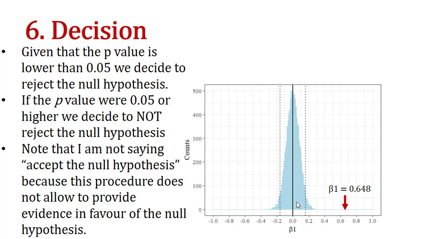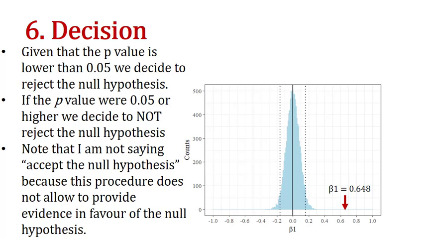Then what we do is not reject the null hypothesis, and as I indicated before, I'm not saying accept the null hypothesis. That's because the procedure we use doesn't allow us to provide evidence in favor of the null hypothesis. This procedure allows us to provide evidence against the null hypothesis, but not in favor of it. And this is one of the problems that I'm going to explain in a minute.